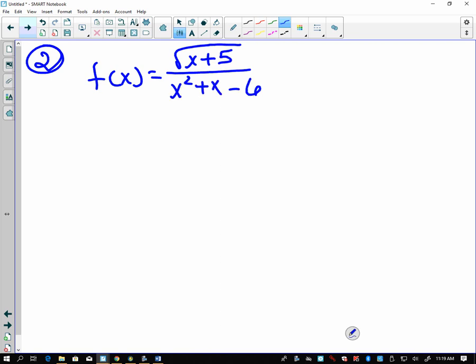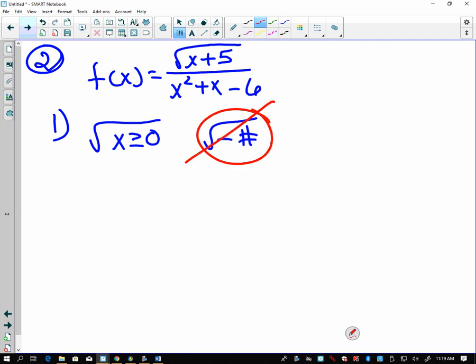Now, we always want to do the numerator first, and the number 1 rule here is that what's inside the radical has to be greater than or equal to 0. The reason why is because I am not allowed to have a negative number in my radical and still get a real number for my domain. Does that make sense? Okay.